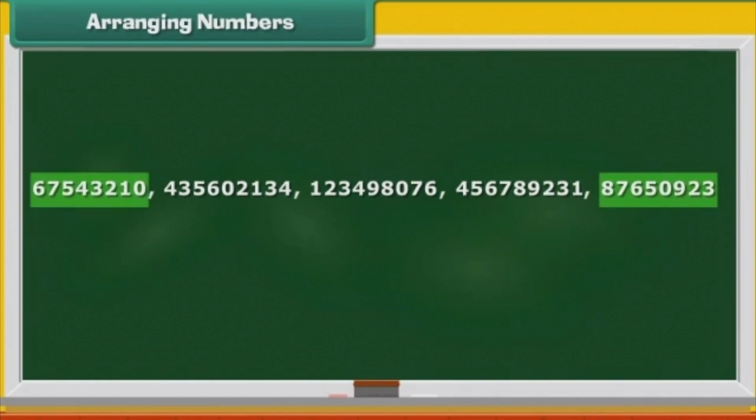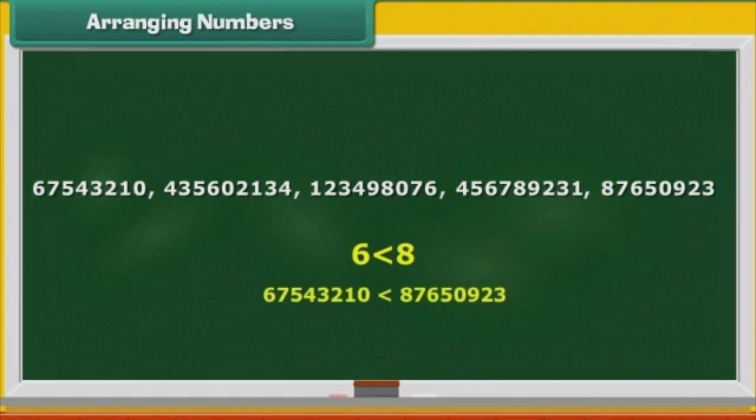The two 8-digit numbers are 6754 3210 and 8765 0923. Their first digits are 6 and 8. We know that 6 is lesser than 8.